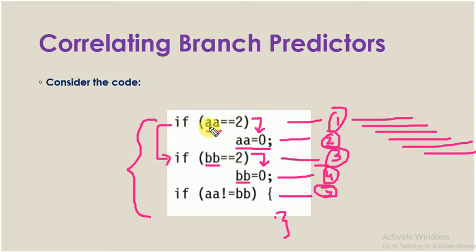If A equal to 2, it will enter into the sequential statement. If A not equal to 2, it will go to the branch. It will go into a separate statement. Then again, if BB not equal to 2, what will happen? It will not enter into the sequential statement. It will again go to the next branch. It is also a taken branch.